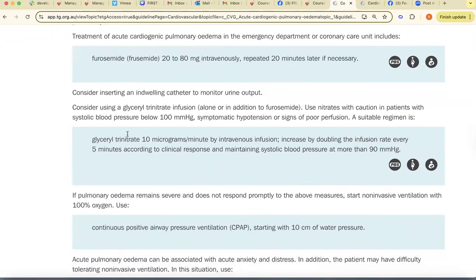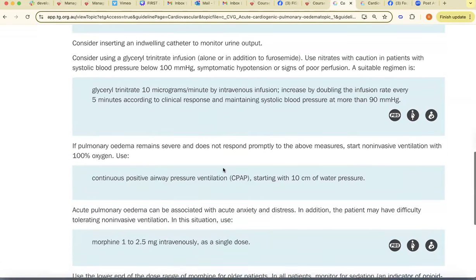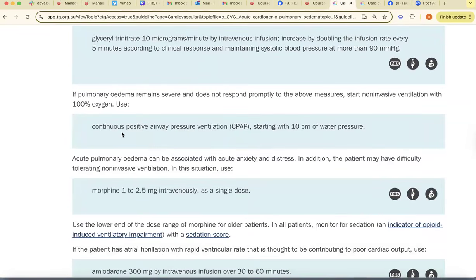Okay, so this is actually the treatment of pulmonary edema. You would give furosemide, oxygen, glyceryl trinitrate, and even after that, let's say you have given high flow oxygen, furosemide and glyceryl trinitrate, it's not getting better. In that case, you do an arterial blood gas analysis, ABG.